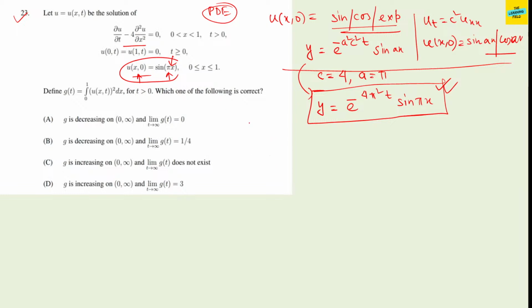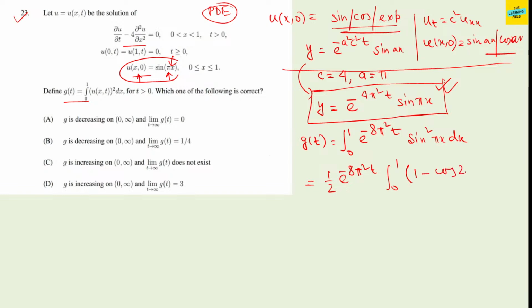Now g(t) equals this one, so g(t) equals what? Integration from 0 to 1 of u(x,t) whole squared, which means e to the power minus 32π² t sin²(πx) dx. Since the integration is only on x, we get e to the power minus 32π² t, integration 0 to 1 of (1 minus cos 2πx)/2 dx.